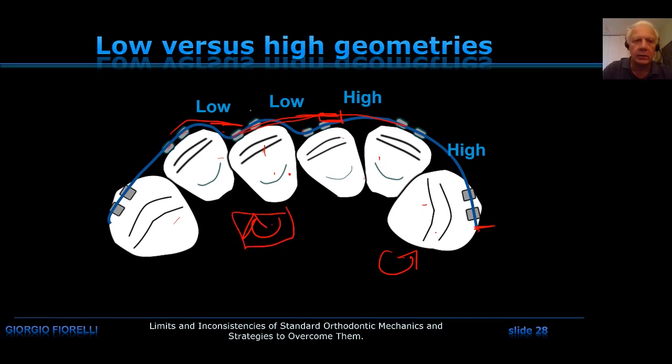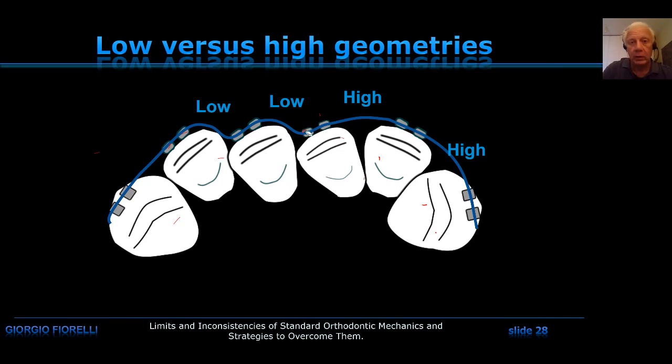But you cannot use just a straight piece of wire, because the rigidity here would be very, very high, and your risk of having a movement which is not straight but like this is also very high. So in these cases, we have to use something else that we will see in another lecture in detail.